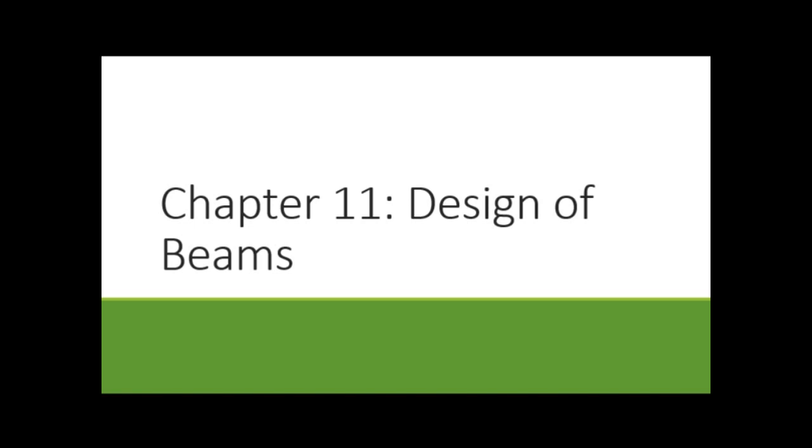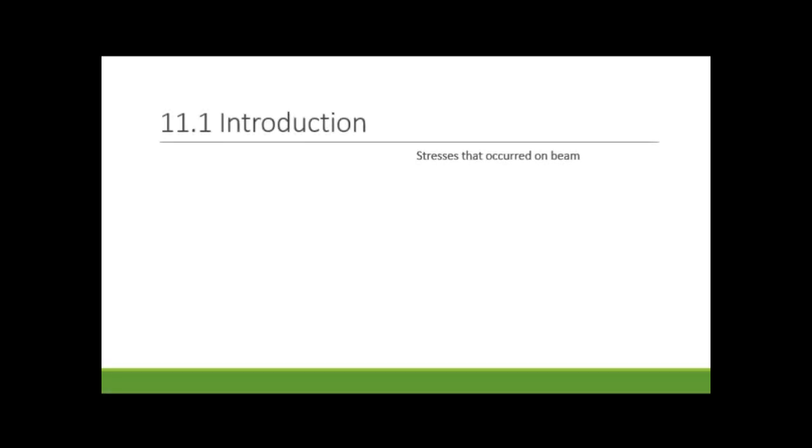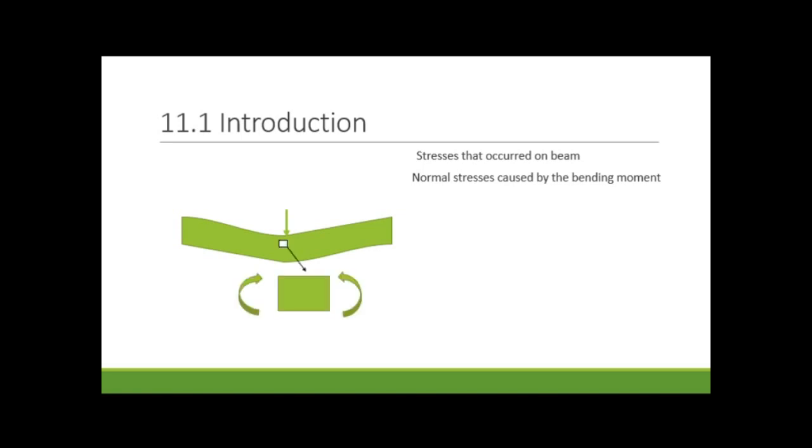Okay, let's start the design of beams. You remember we already know how to calculate the stress of a beam. Think of a beam with two external loads on it. The beam is deformed and stress occurs, and we categorize the stress as normal stress caused by the bending moment.